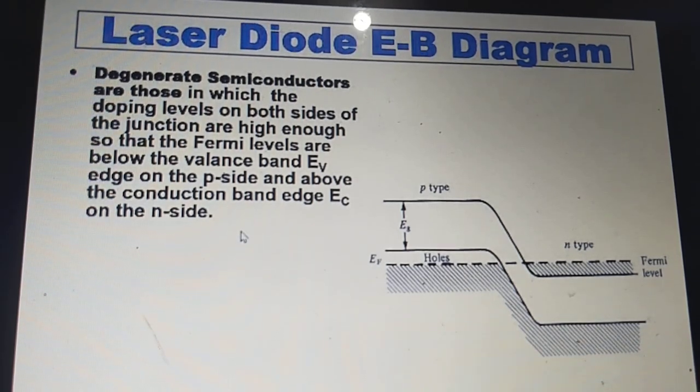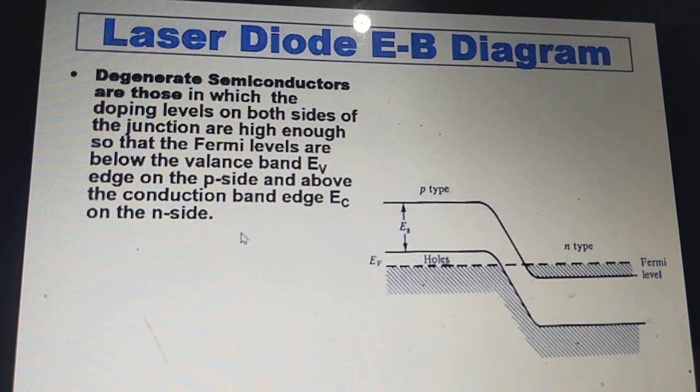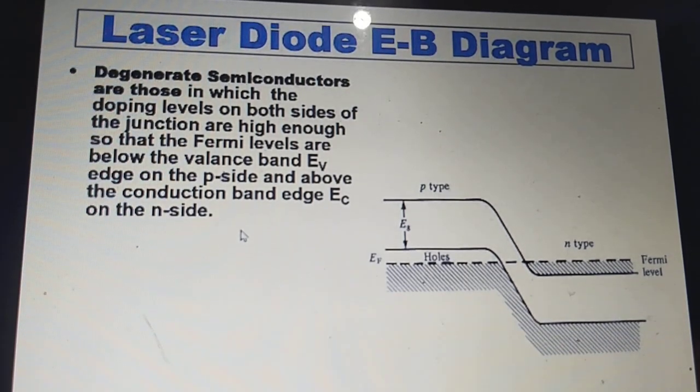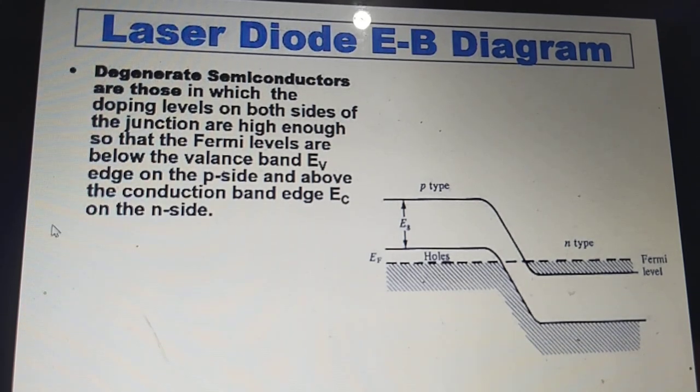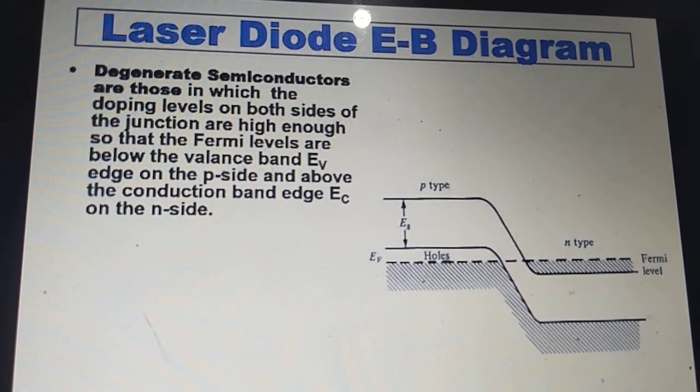So this is what I told you earlier also, that the concentration of electrons on the N side is more than the density of states in the conduction band, and the concentration of holes on the P side is more than the density of states in the valence band.